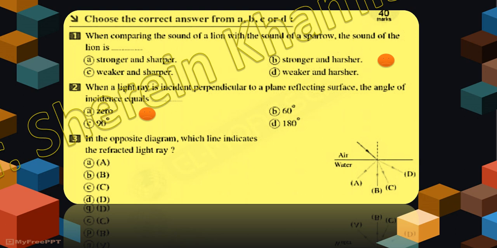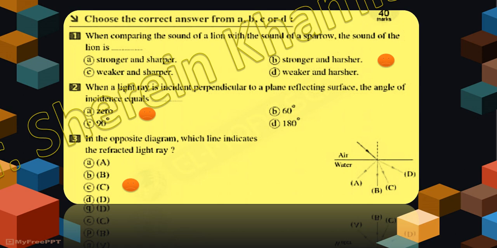So the one that is nearer to the perpendicular line on the other side will be line C. Line C will be the right answer. Line A means it makes a reflection here. No, we don't make a reflection, we make a refraction between two transparent media.